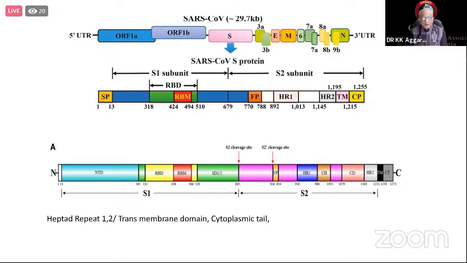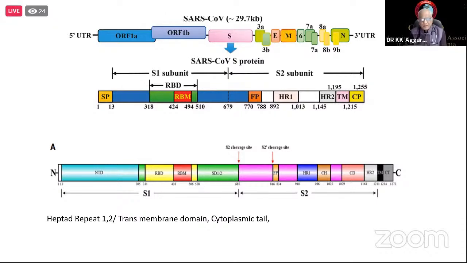So if you attack only the RBD and RBM, and we are now getting lots of vaccines concentrating only on RBD and RBM, the more specific you become, the more NTD will flare up, or non-RBD, RBM pathways will take over.